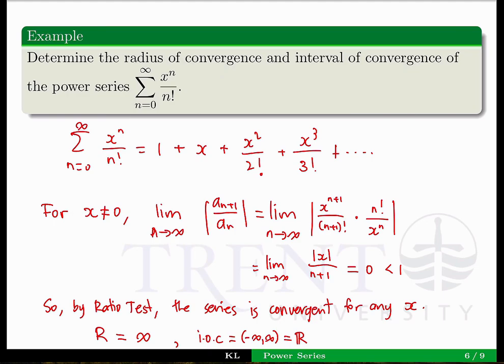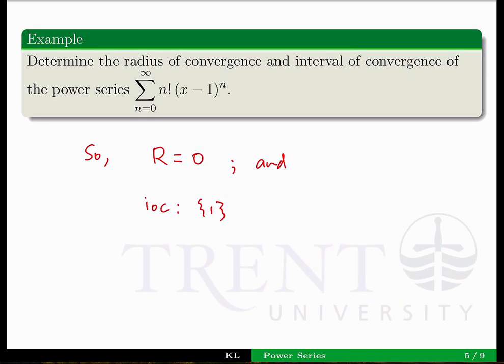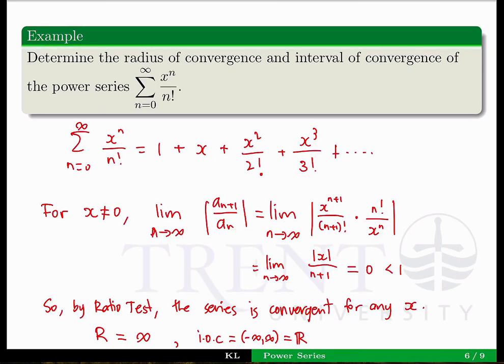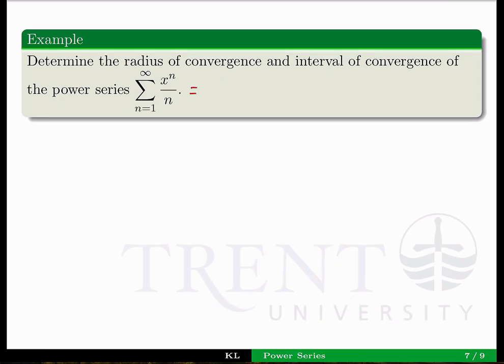So in the previous example, we got the first case. In this example, we got the second case. Now let us look at this one. So here, let us expand this. Take note, it starts with n equals 1 because you have a denominator n.